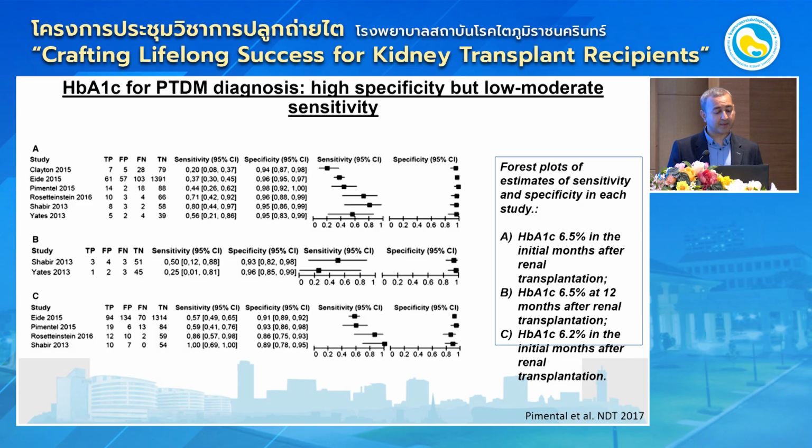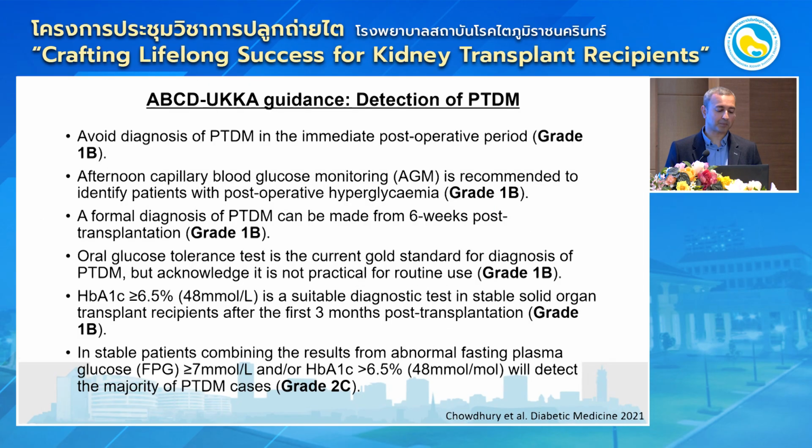The bad side of things is that it's got quite low to moderate sensitivity, but it is very specific and it's a very easy thing to use, especially if you avoid the first 3 months post-surgery, and even between 3 to 12 months, depending on what the levels of post-transplant anemia are, it can be used with a little bit of caution. But using HbA1c is a very important and simple tool for our patients, and we certainly use it quite a lot.